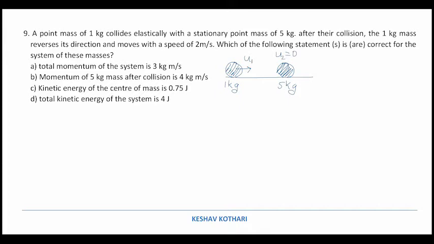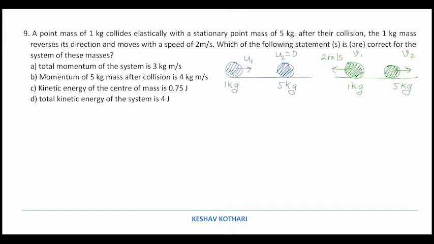Post collision, the 1 kg mass reverses its direction and starts moving with 2 meter per second. We are writing this as v1, and let us say that the 5 kg mass is moving with velocity v2.